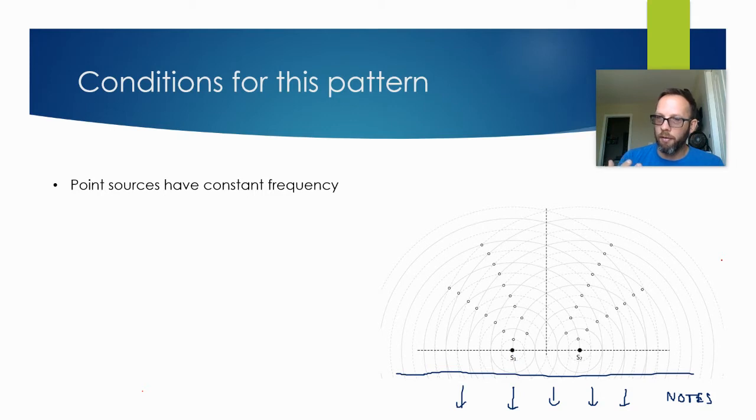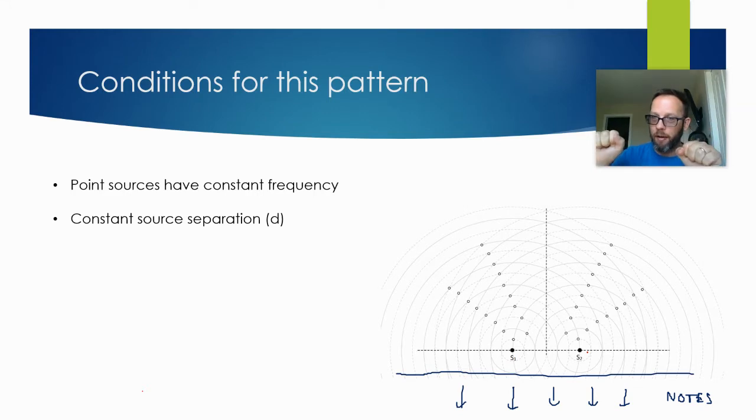Note that this also gives the same wavelength of waves and the same speed of waves. So constant frequency. You have to have constant source separation. So the two sources, S1 and S2, whether that's a dripping faucet or whether that's two narrow slits you're shining light through, they can't be changing distance.